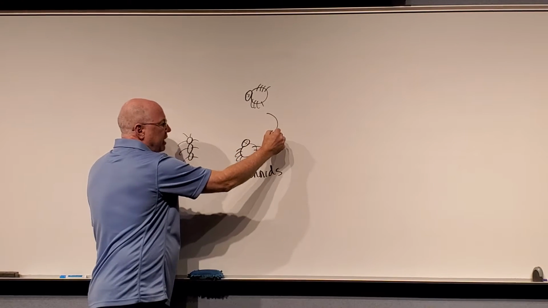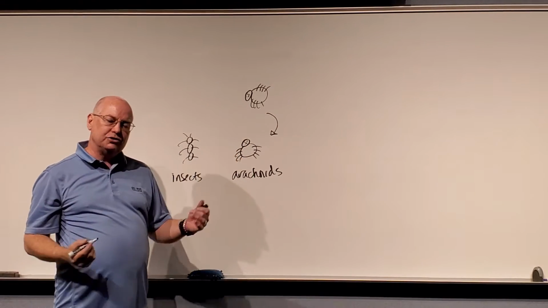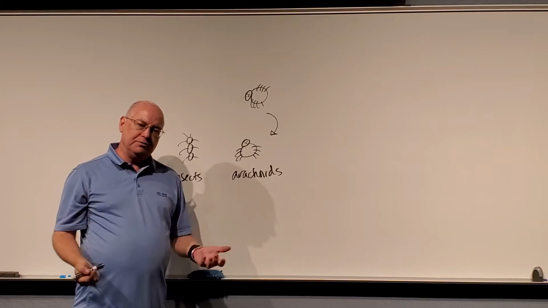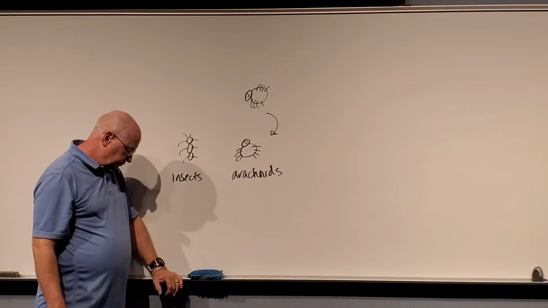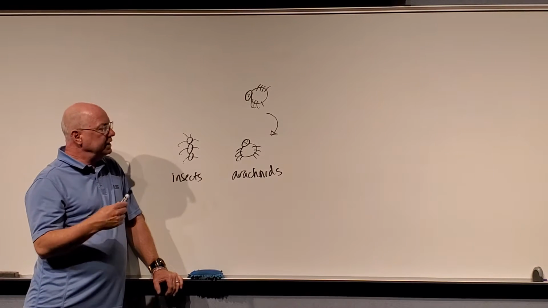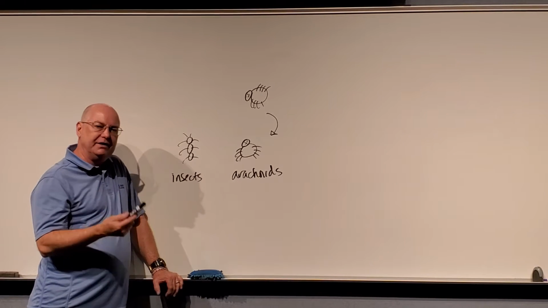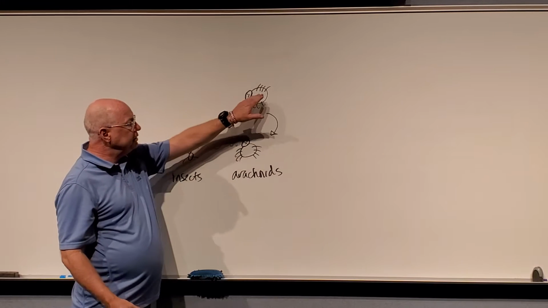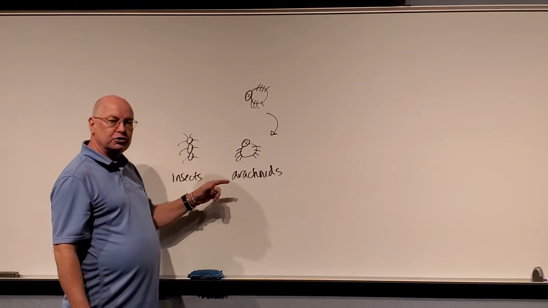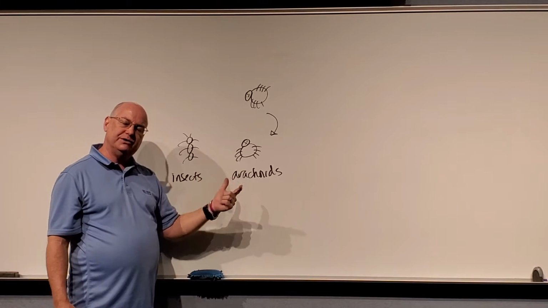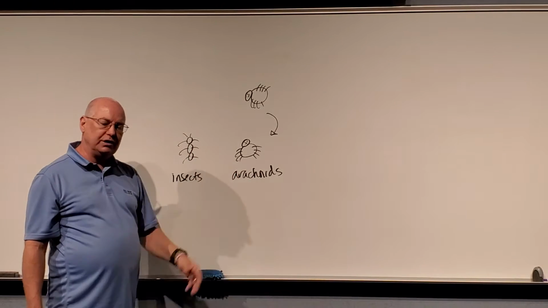Well, I know that it's an arachnid, and I know arachnids, spiders, all exhibit certain behaviors. Many of them build a web, and they can spin silk into a web, and I know how they eat, how they digest, and then I already know a whole bunch about this organism. I know it's not one of these, so I know a lot about its anatomy, its physiology, its behaviors, and other things.